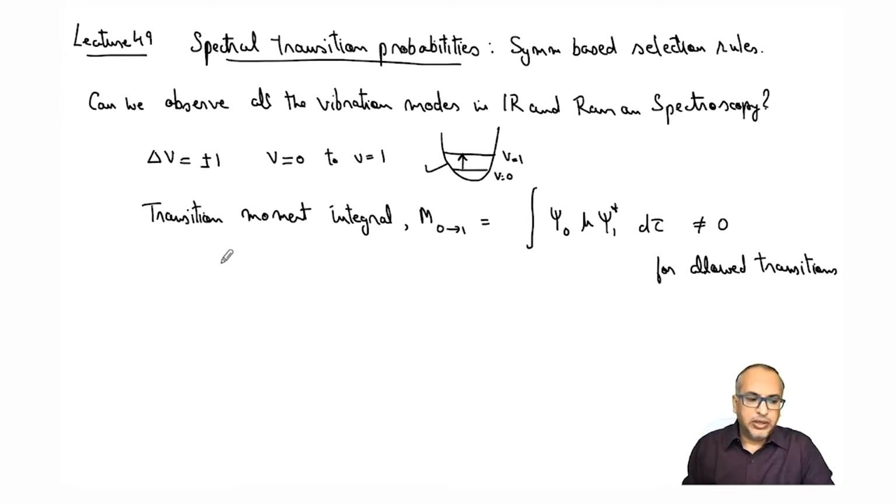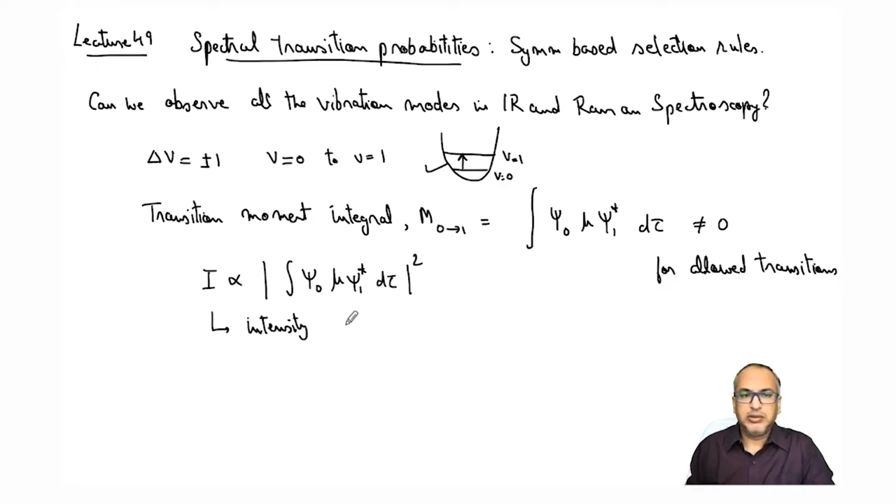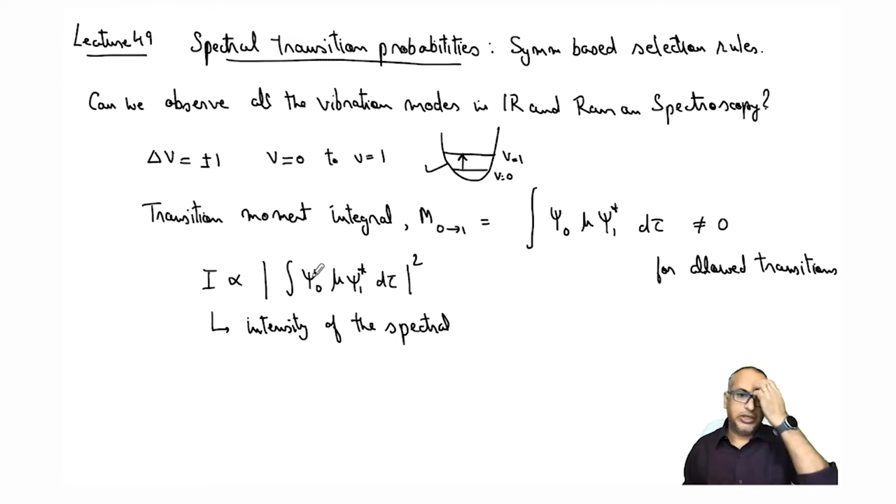Now, the intensity of the spectral line, we can also measure the intensity, will be proportional to the square of this integral of mu. So this is the intensity, but of course you need to know the exact form of these psi wave functions, which we'll also discuss today.